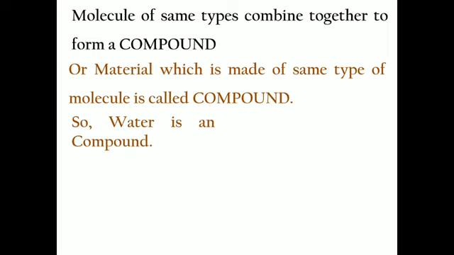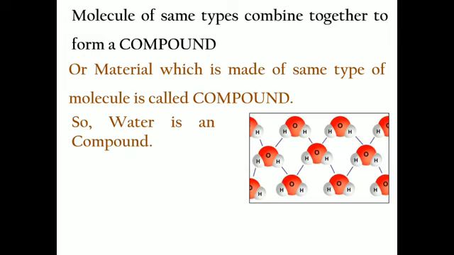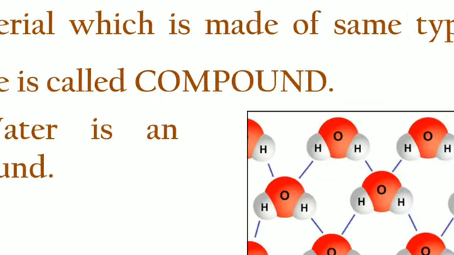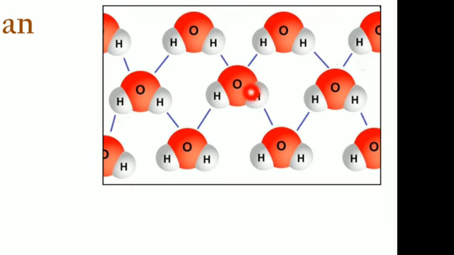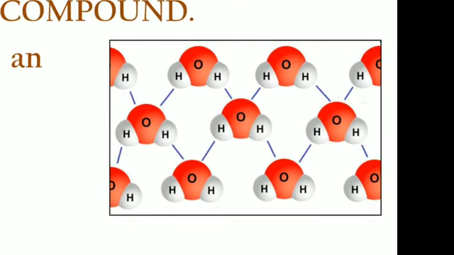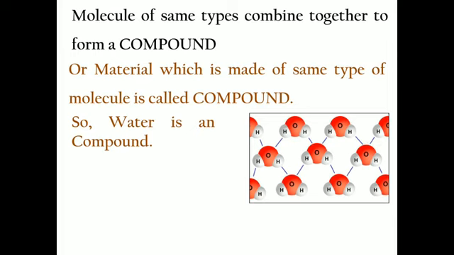But remember, we cannot see atoms or molecules, because they are very, very small in size. So the molecules of water combine together to form the water compound. In water, lots of H2O molecules are present. So remember, in every compound, molecules are present in large numbers.